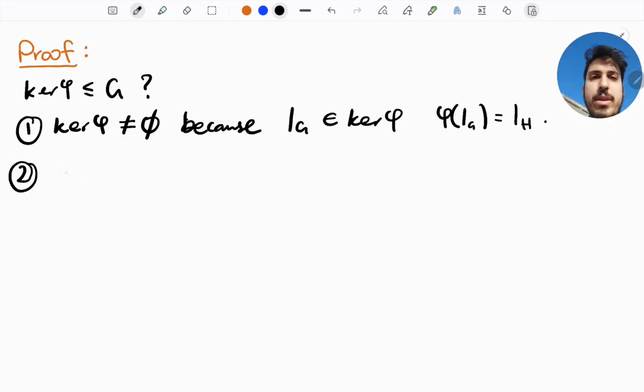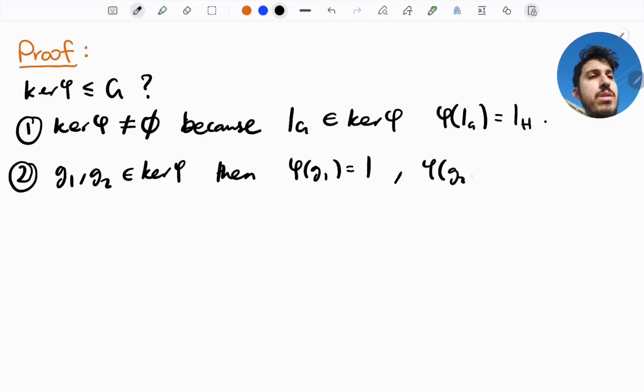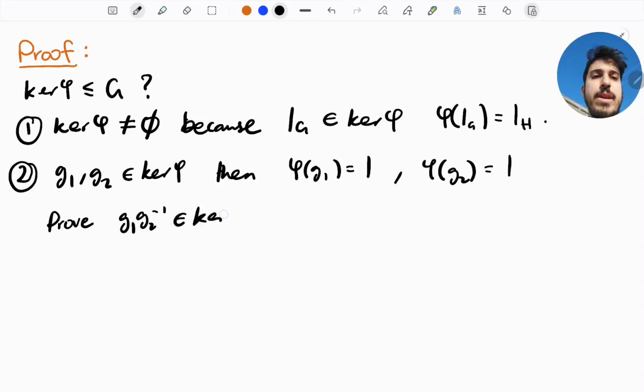Second of all, if G1 and G2 are elements in ker phi, then by definition we have that phi of G1 is equal to the identity and phi of G2 is also equal to the identity. We need to prove that G1 G2 inverse is an element in ker phi.